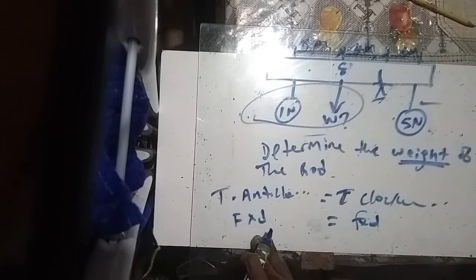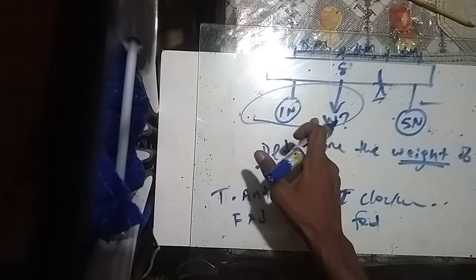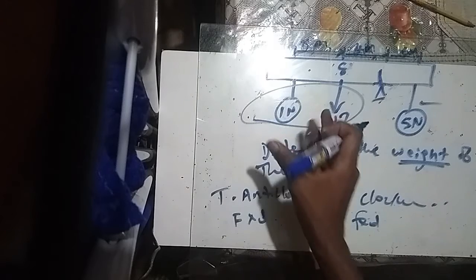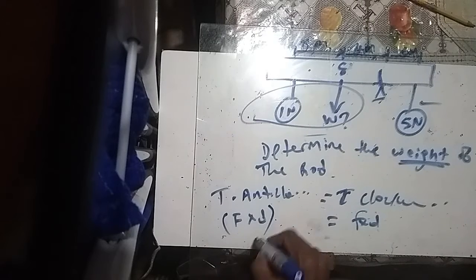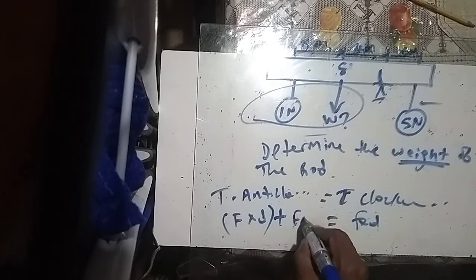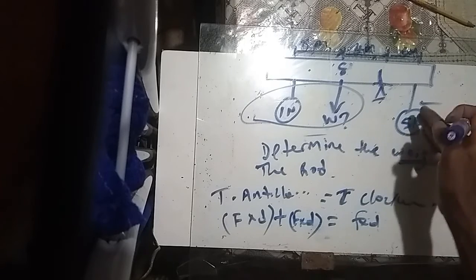Because you have two different forces on the same side, you can write two force times distance terms. So total force times distance plus force times distance is equal to the force times distance for the one over there.